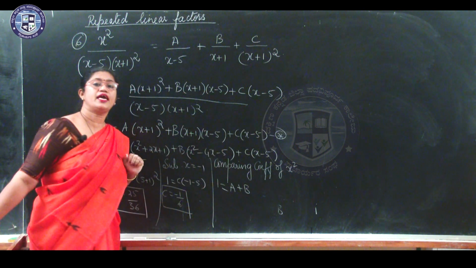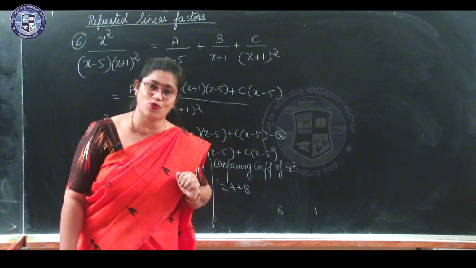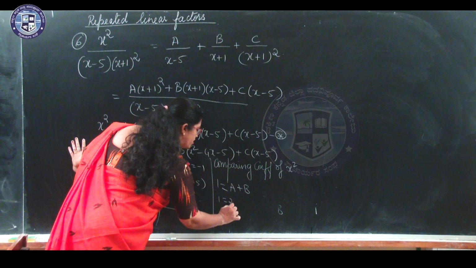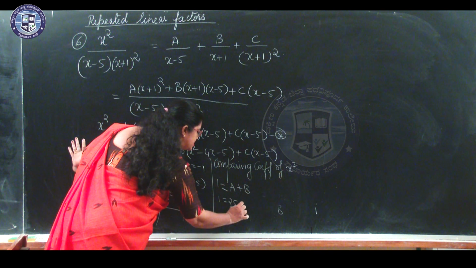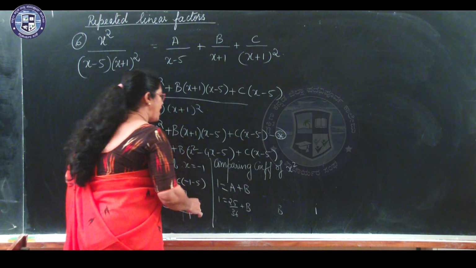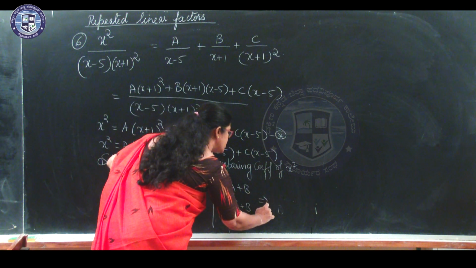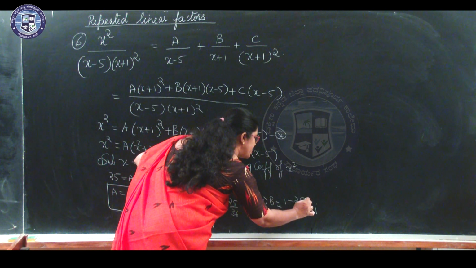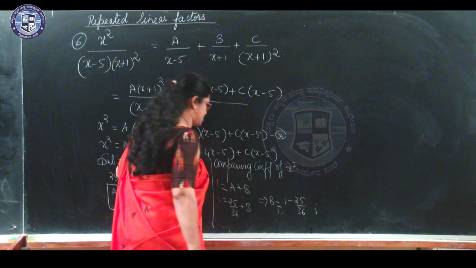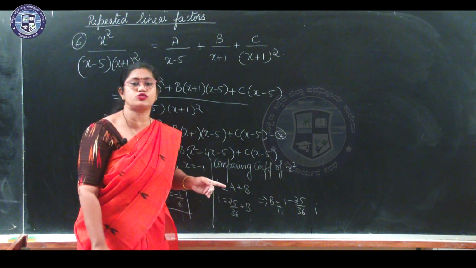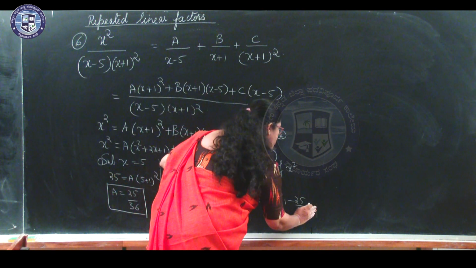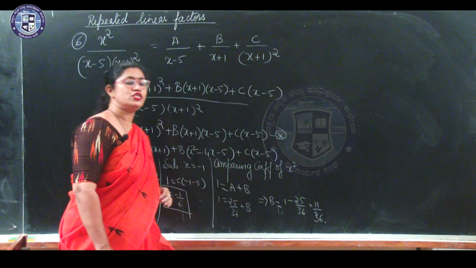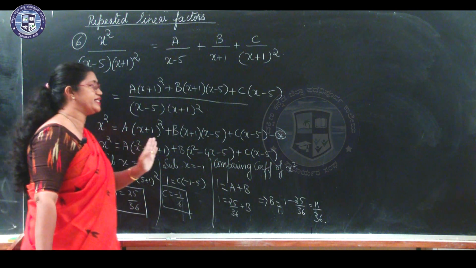So, we get a plus b is equal to 1, substitute the value of a. So, 1 is equal to 25 by 36 plus b, and this implies b is equal to 1 minus 25 by 36, and that is (36 minus 25) by 36, which is equal to 11 by 36. So, now we got the value of a, b and c.